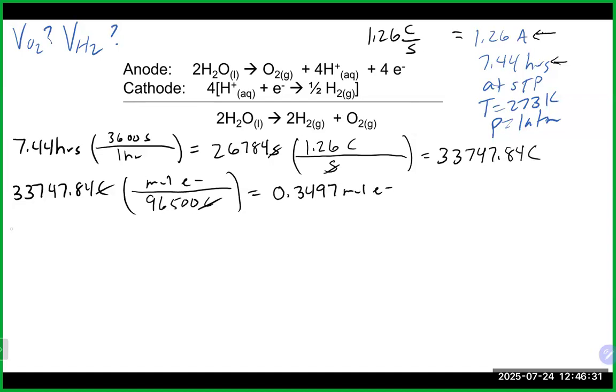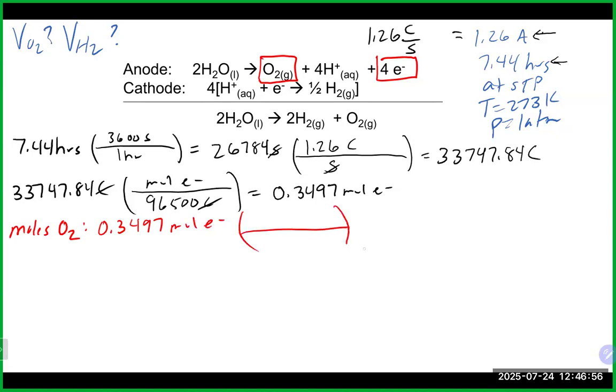So we'll do our moles of oxygen, and looking at the half reaction for oxygen, 1 mole of oxygen gas will give us 4 moles of electrons. So taking my moles of electrons, using my mole-to-mole relationship from the equation, 4 moles of electrons give me 1 mole of O2.